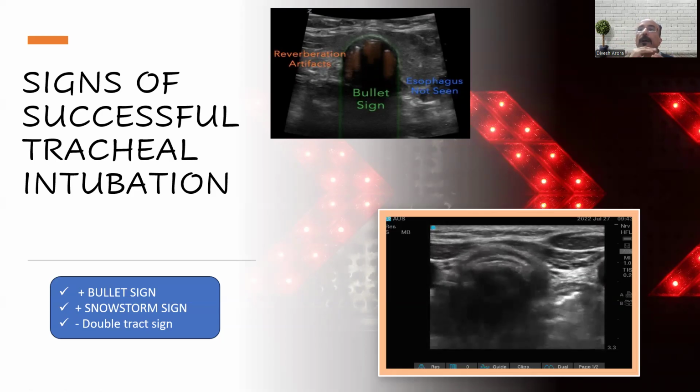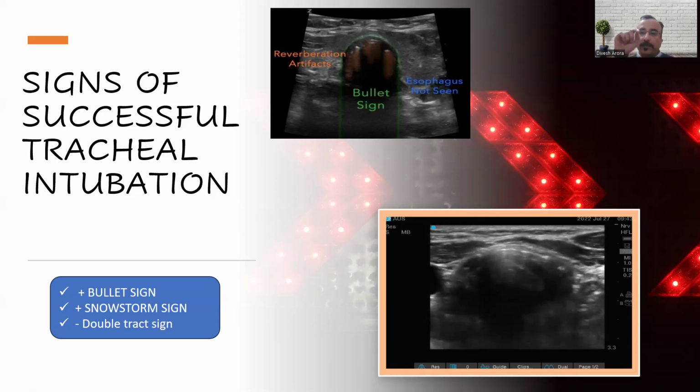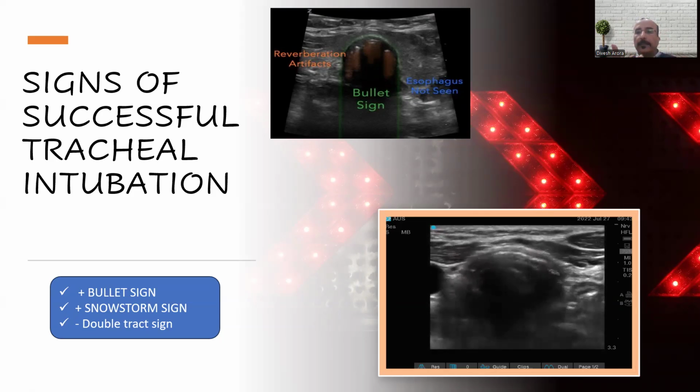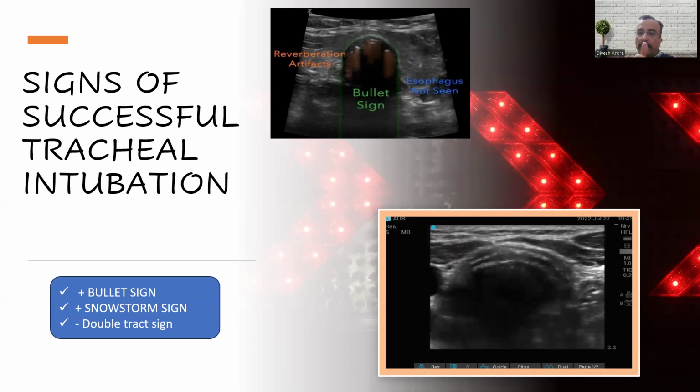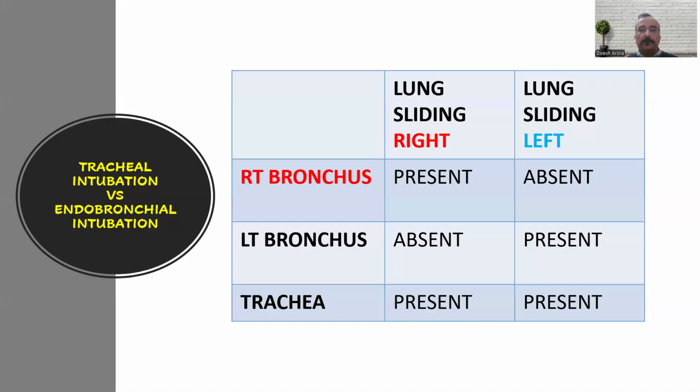That means you are keeping the probe on the suprasternal notch, and whoever is doing the intervention is performing the ET intubation. And third, a negative double track sign. Double track sign, please recollect, as I said, would be visible once the tube is inside the esophagus. So a positive bullet sign, a positive snowstorm sign, and a negative double track sign give me assurance that my tube is inside the trachea.